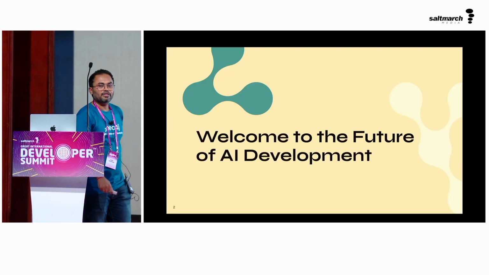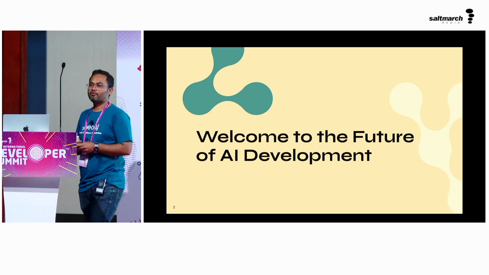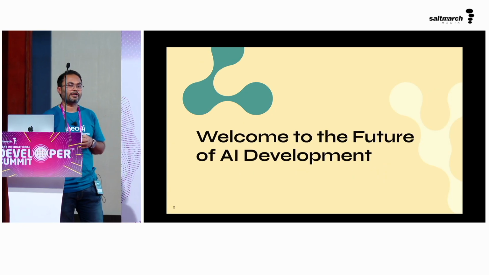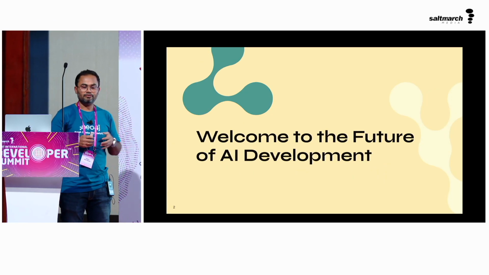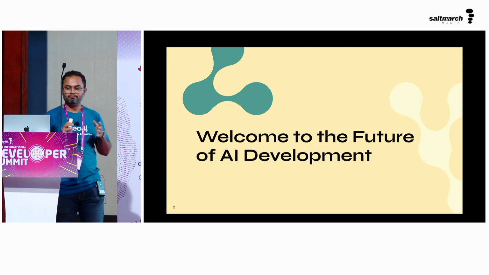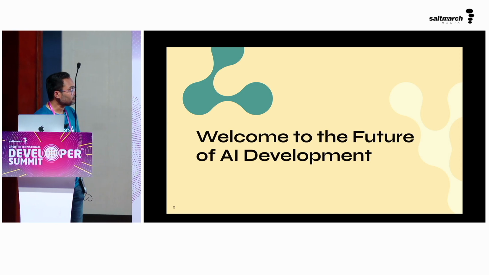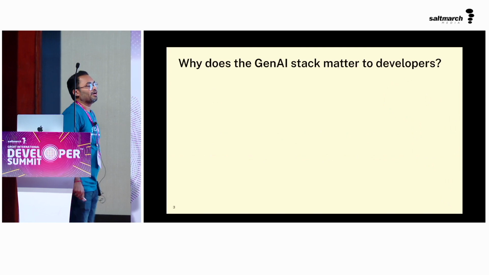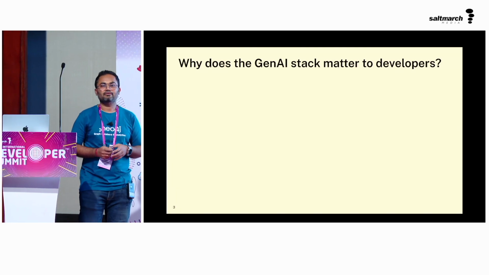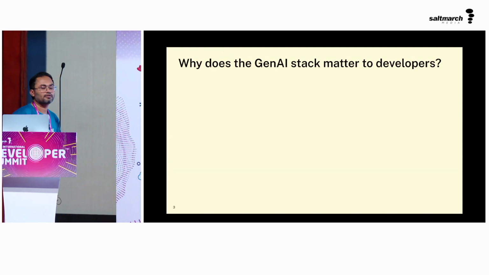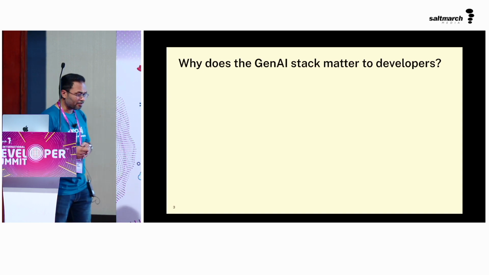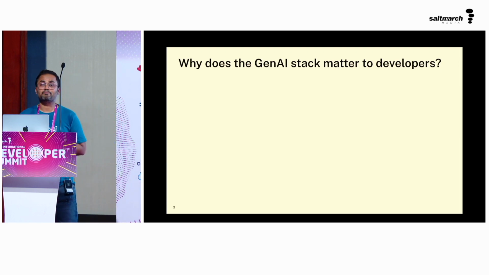Thanks a lot. Welcome to the future of AI development. So today's topic is to understand the GenAI Stack, which is a powerful toolkit that simplifies the development of AI-powered applications. Before we get started, why should you care in the first place? Why does the GenAI Stack matter to developers like you? Everybody knows that GenAI is not just a buzzword nowadays.